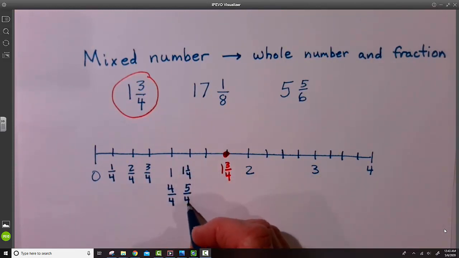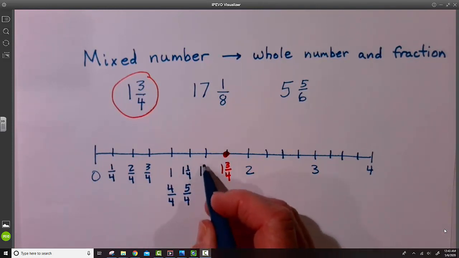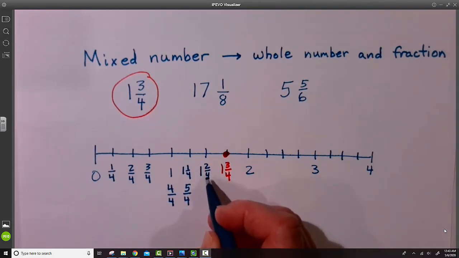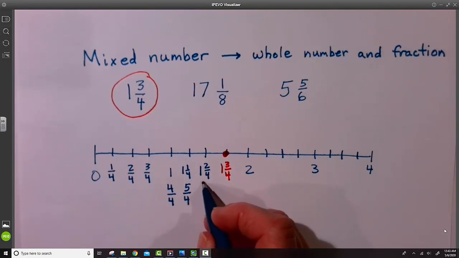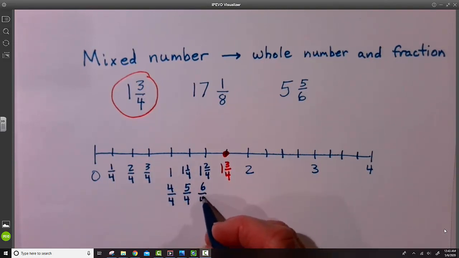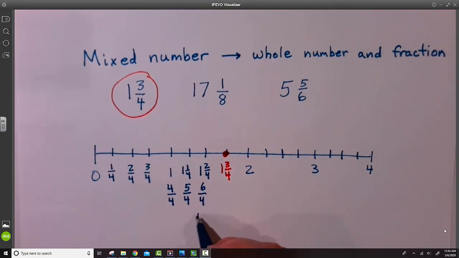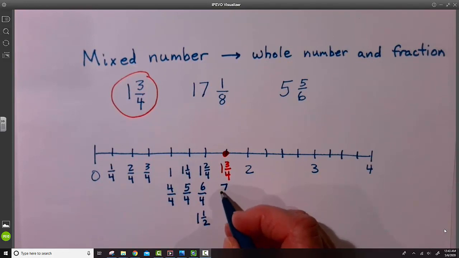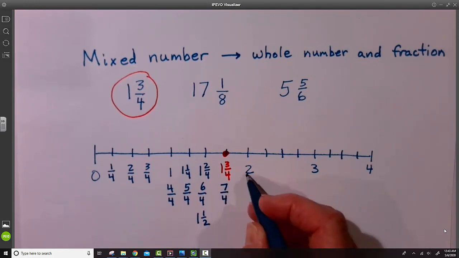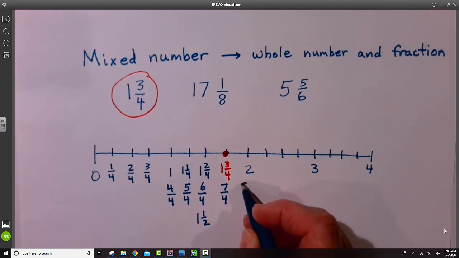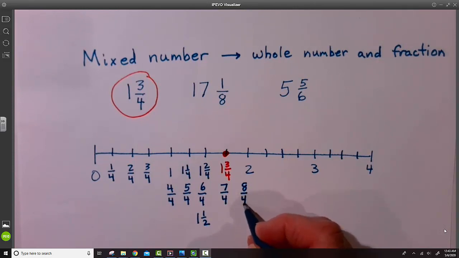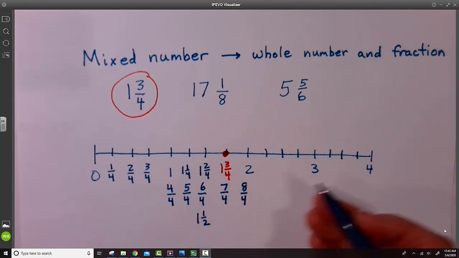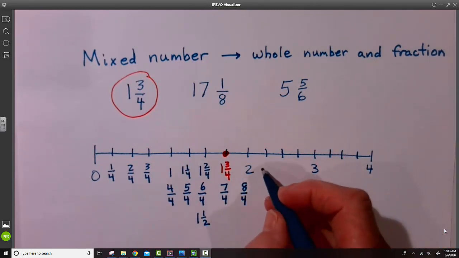That would be another name for it. 1 2/4 could be 6/4, or 1 1/2. Then we have our 1 3/4, that would also be 7/4. And another name for 2 could be 8/4. So we could carry this along all the way down the number line.